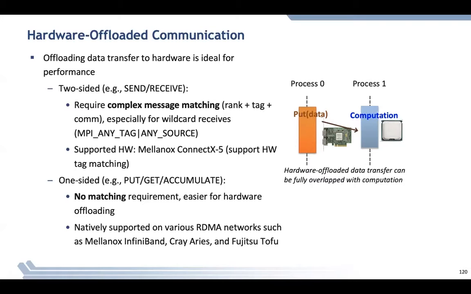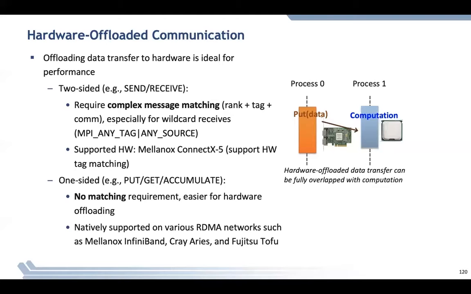About hardware offloaded communication: if you're doing two-sided send and receive, then doing it entirely in hardware is a little difficult because it requires the message matching that's associated with send and receive. A send has to match a particular receive, which is specified by the rank, a tag, and the communicator.